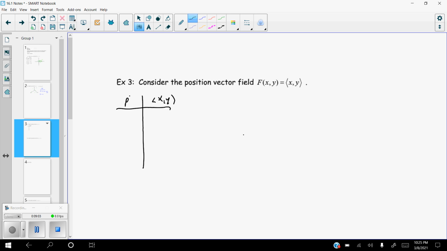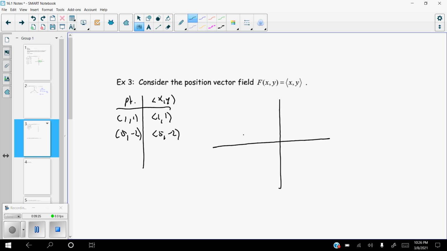So whatever your point is, (1, 1) is the vector 1, 1. The point, try something completely different, (5, -2), would be the vector 5, -2. I'm not going to do a whole lot of those, but you get the general idea.